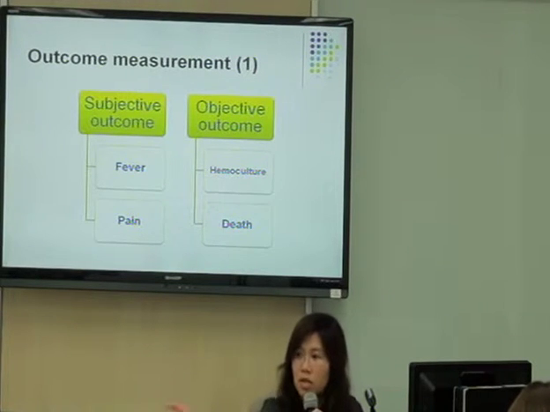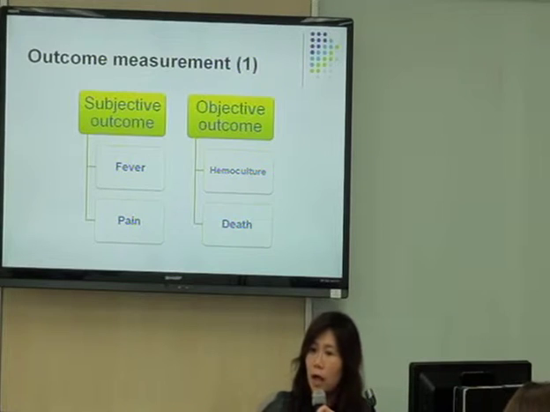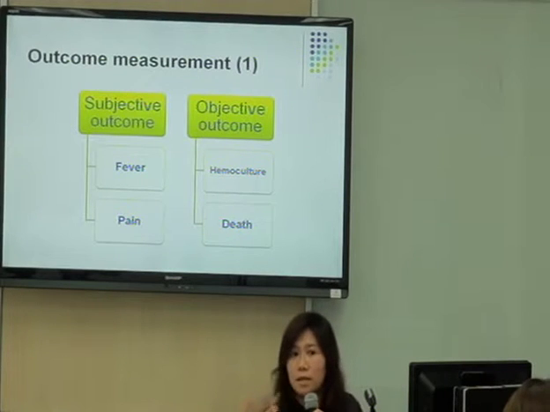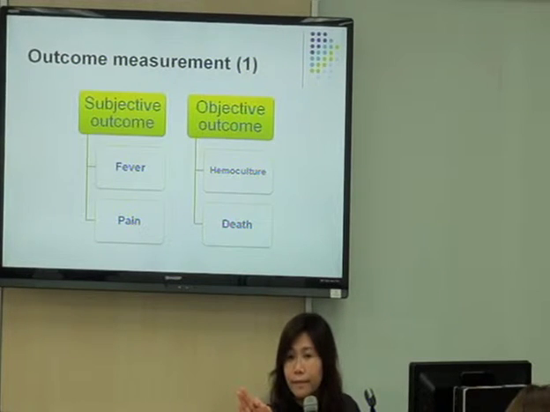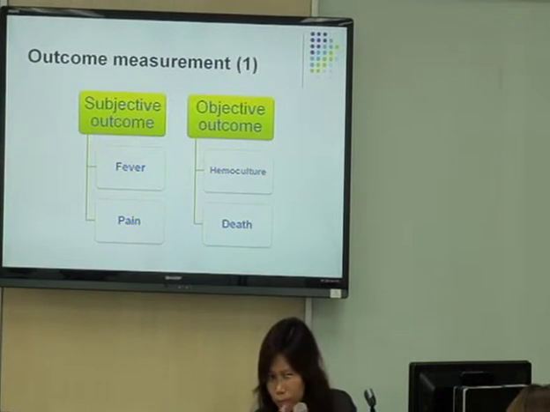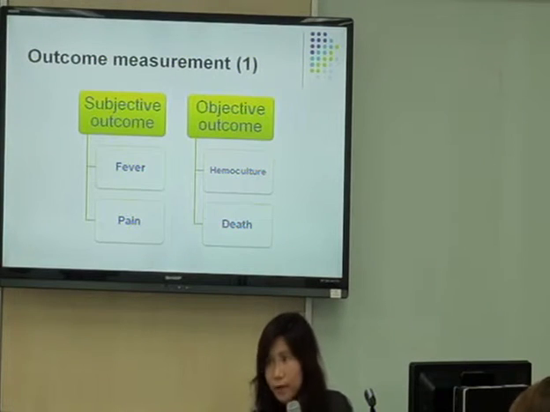You might use fluorescent staining, how many grades of staining mean positive, for example, or death. Death is always objective. No one has equivocal death or not death, right?